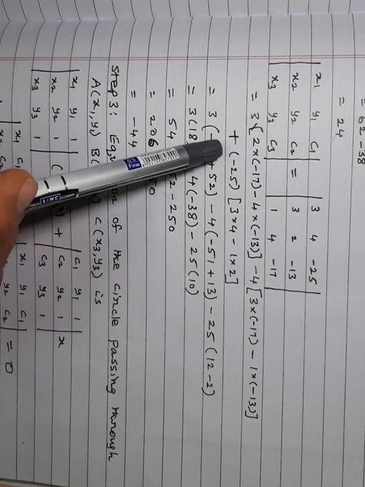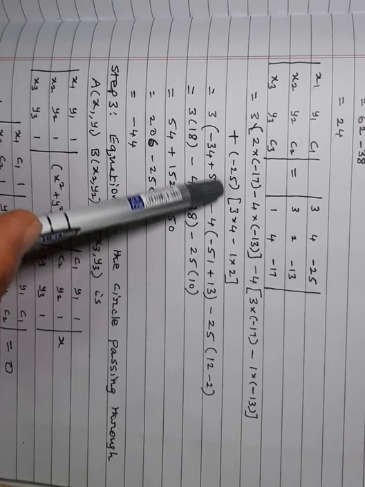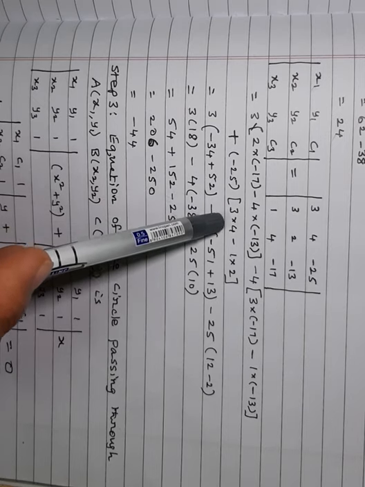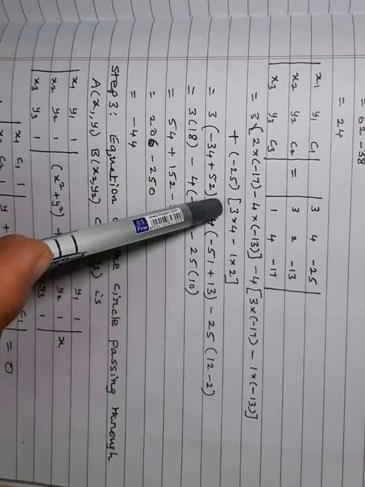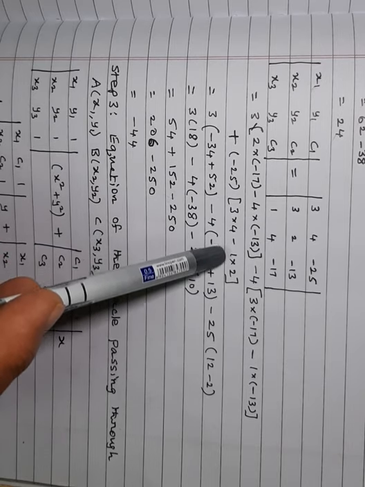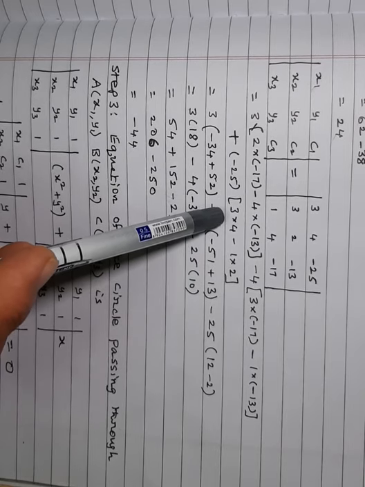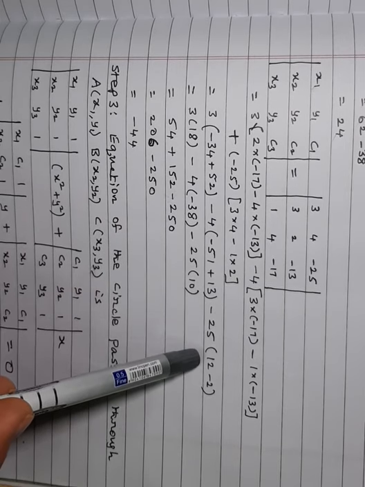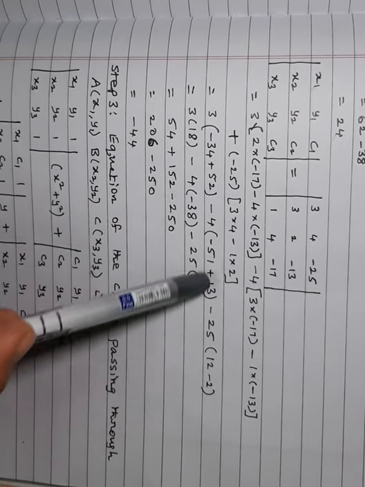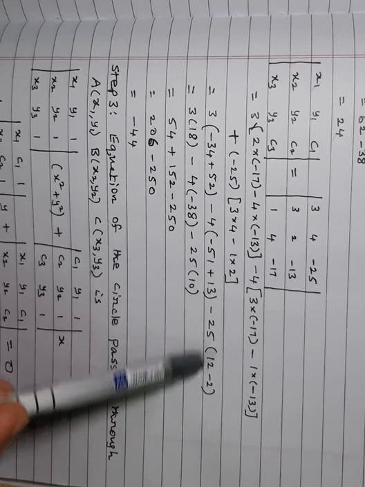Now plus minus 25 multiplied by 3 into 4 minus 1 into 2. 3 into 4 is 12. Minus 1 into 2 is 2.